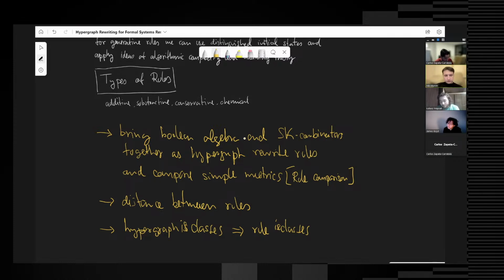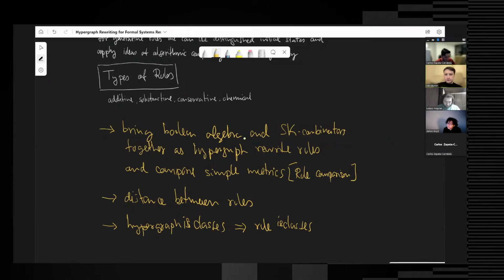But we have to fight a little bit against the generality of the hypergraph rewrite rules, because they are super general. Mathematically they are more general than what we do in Mathematica.